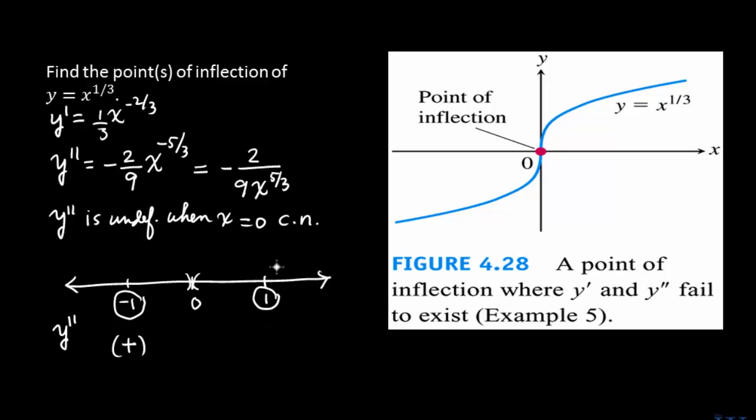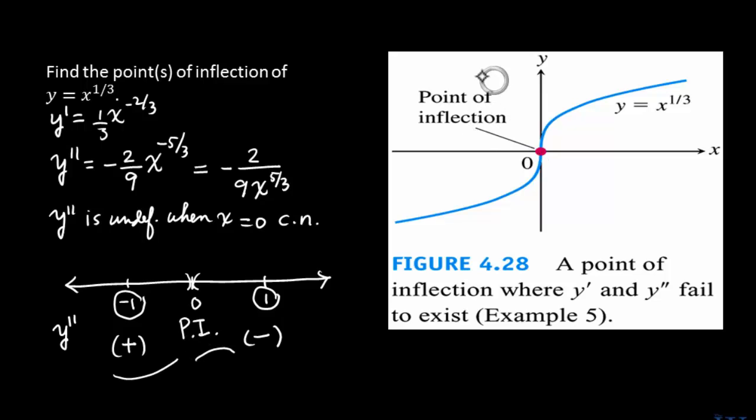We test 1, and this will just be positive, and the whole ratio would then be negative. So we see here that there is a change of concavity from concave up to concave down. That concludes that x equal to 0 is a point of inflection.